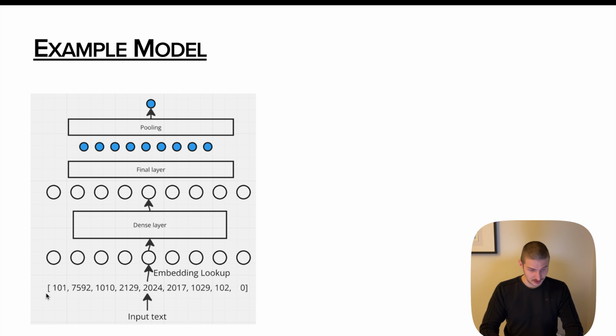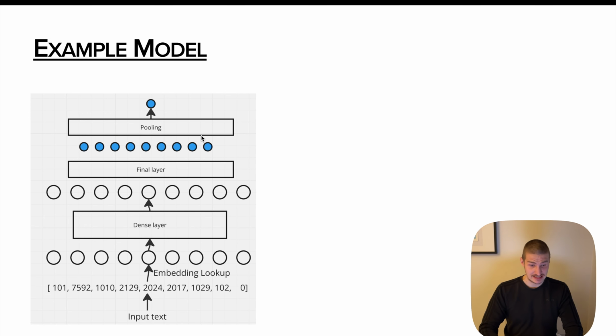We also add some special tokens, so this one is the CLS token, this one is a padding token, and so on. Then we do what is called embedding lookup, where one token ID is replaced by an embedding vector. Then we project that down using a dense layer, and then another final layer, and then some pooling to collapse the sequence length into one.